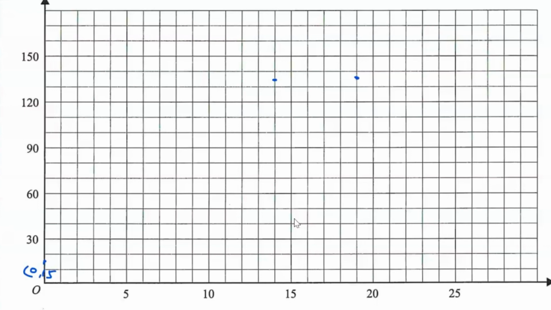So that was about 5 minutes. It wasn't actually moving, so stationary. So now my last point is 27 and 15, which is somewhere here. 27, 15.